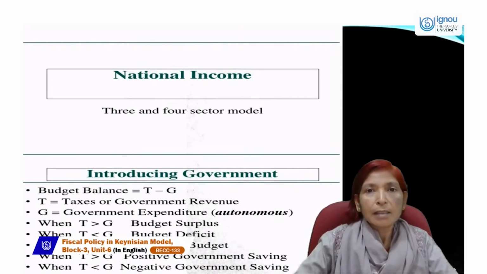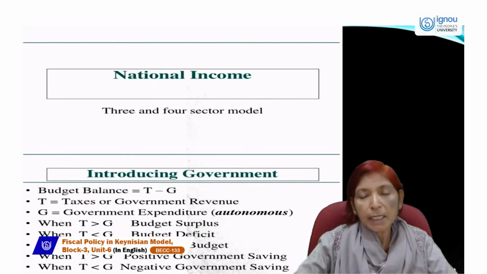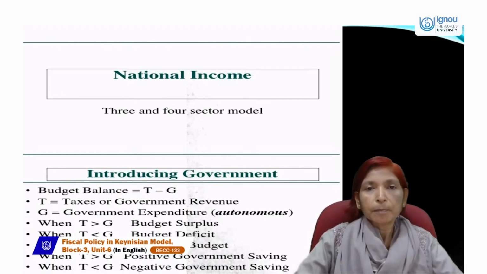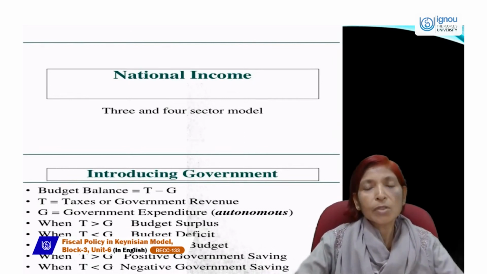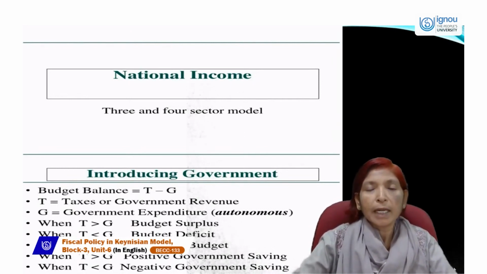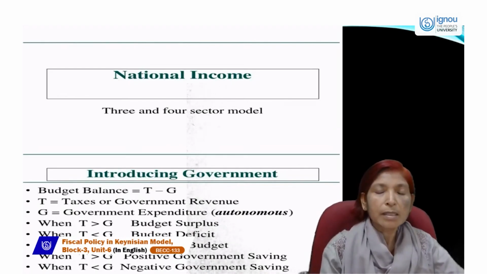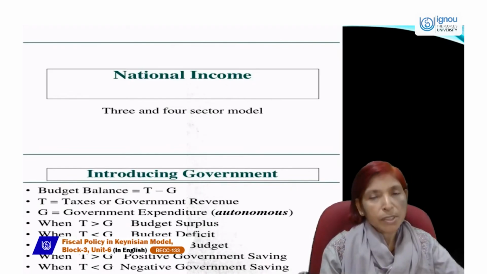When taxes are greater than government expenditure, it means positive government saving because government has huge amount of revenues and government expenditures are less, then government has more power to save money. In this case, saving will be positive.